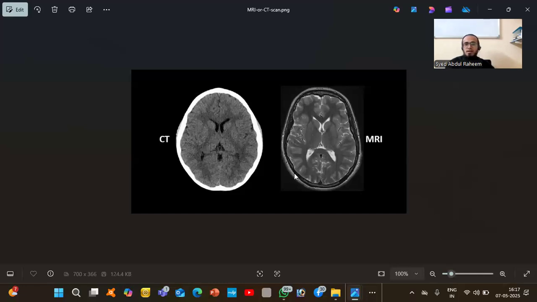And if you go to the MRI, the bone of the brain or any part of the body will become black or dark color. From that point of view, you can identify that this is CT scan and this is MRI. This is the basic thing we have to remember while seeing the scans.